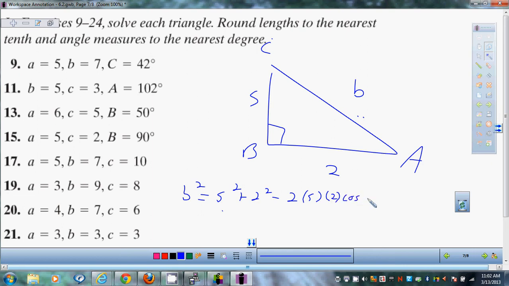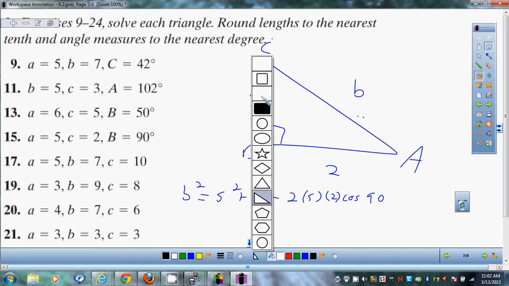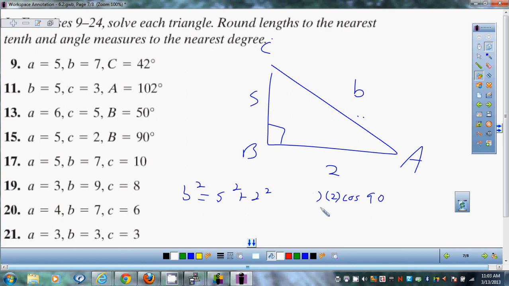It's just 0, which hopefully you can kind of see where the law of cosines originated from the Pythagorean theorem, and then they just used the trig identity. So, because that's just going to be 0, you end up getting b is the square root of 29, and you could use the law of sines, you could use SOHCAHTOA, you could use whatever you wanted to finish up the problem.